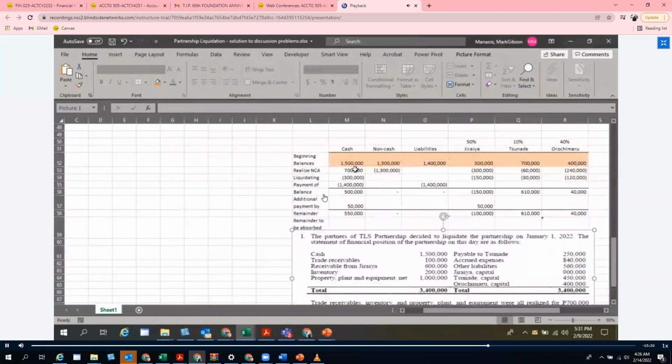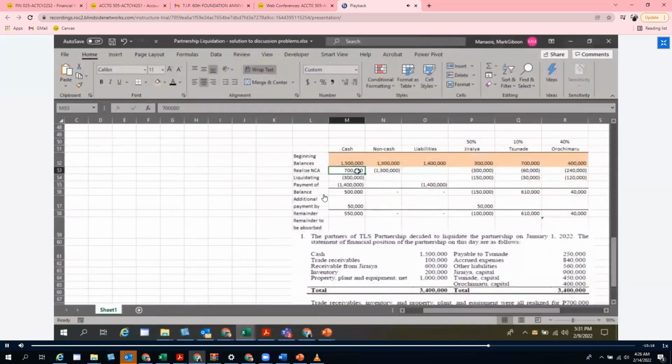So they were sold for 700,000; of course, we debit cash and credit all those non-cash assets for 1.3 million. The difference of 600,000, or the loss on the realization of non-cash assets, will have to be split between the partners using what?